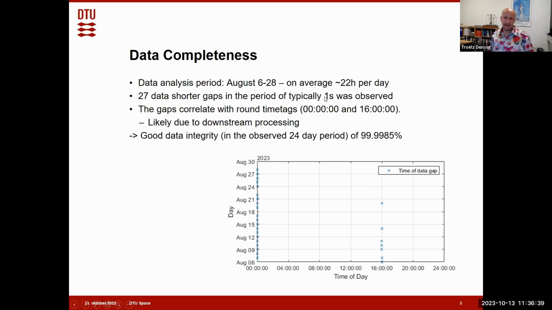I do see a little 1-second gap during some very remarkable times around midnight and 1600 hours. I strongly suspect that this is some kind of ground-based processing that introduces this delay, these small outages. So basically, almost 100% data completeness, which is good.